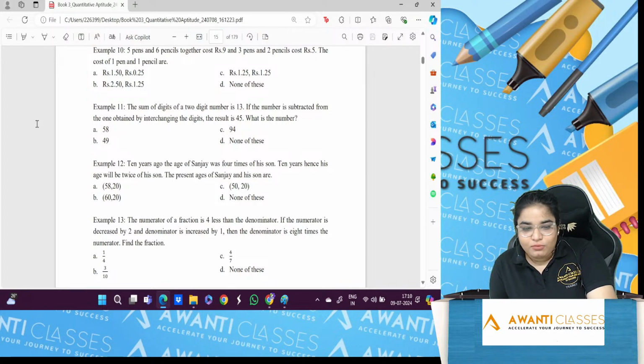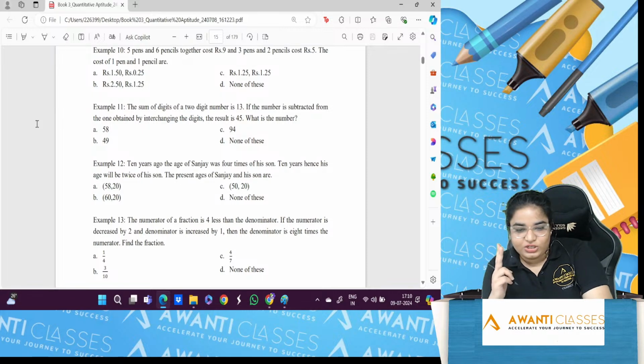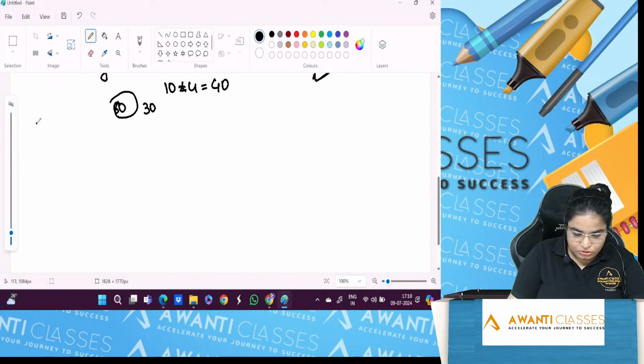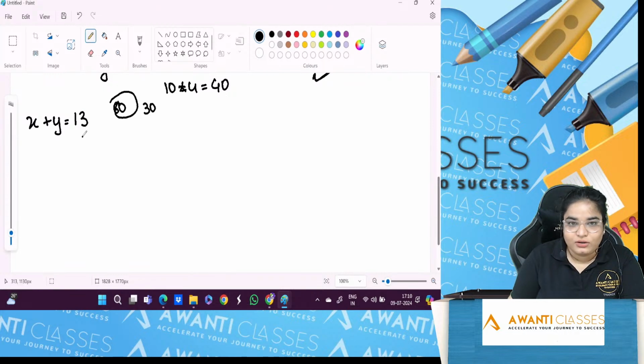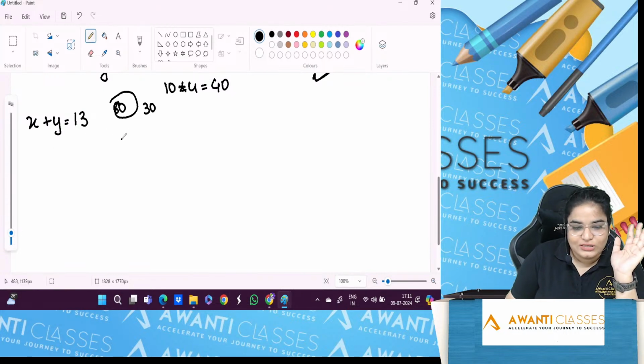Sum of digits of a two-digit number is 13. So the first equation already is x plus y is equal to 13. They are saying there are two digits, any two digits, maybe 20, 32 or something.